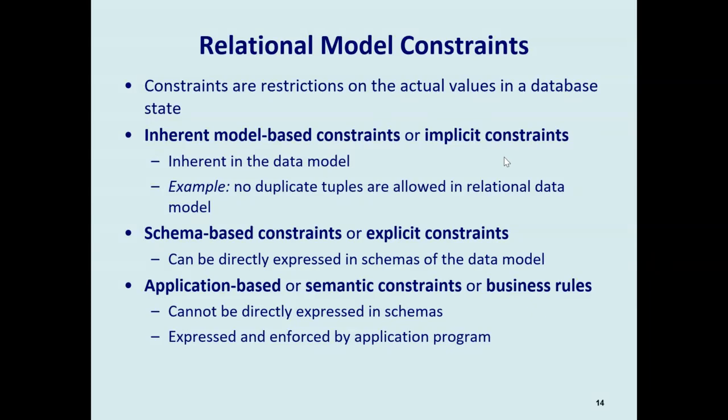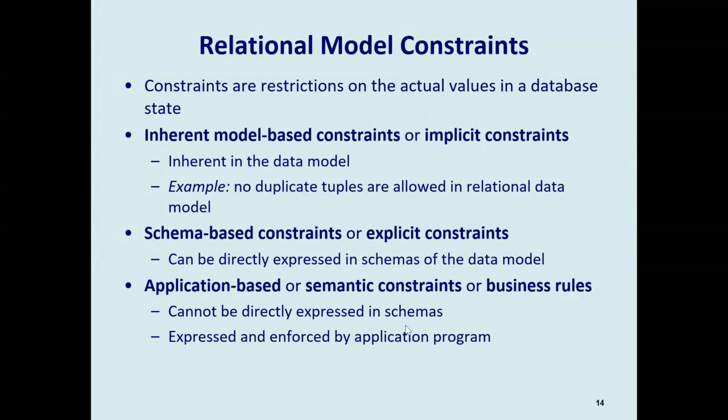This constraint is inherent in the relational data model, such as that no duplicate tuples are allowed in a table. That's the relational data model requirement inherent in the model specification. The second type is called schema-based constraints or explicit constraints. Those are constraints that can be expressed in the schema of the data model. We're going to discuss this constraint more.